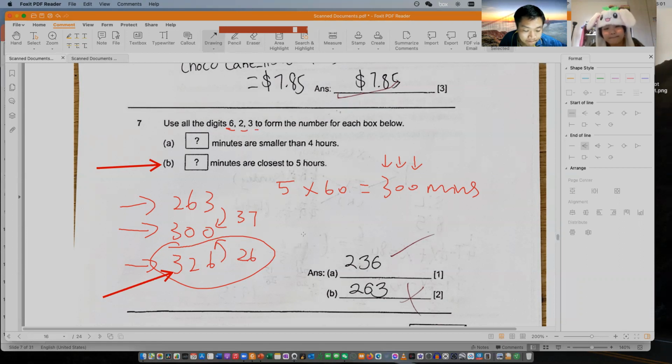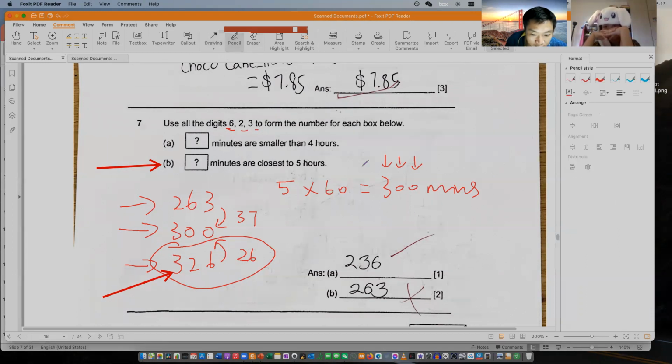Okay, thank you. So if next time they ask you for a number that is closest to, let's say, 3.5, you need to compare the left and the right. You need to compare the number on the left, and you also need to compare the number on the right. Let's say the number on the left is 3, and over here is 3.1.